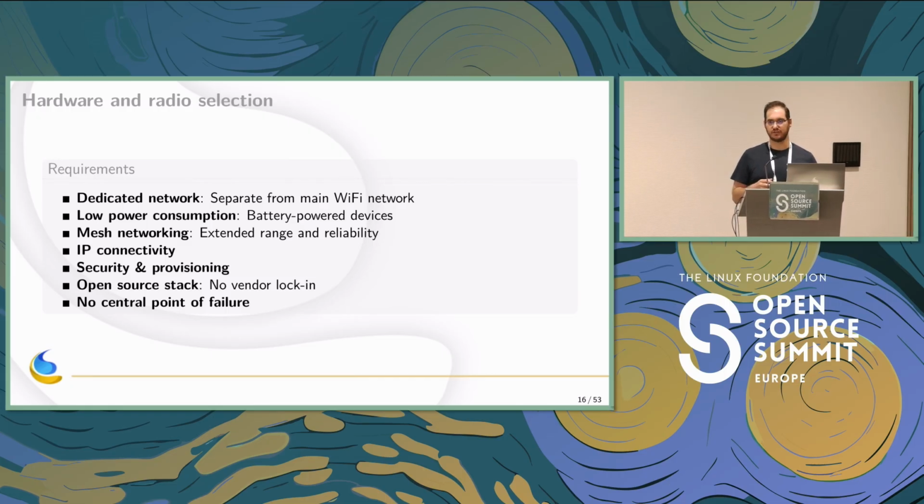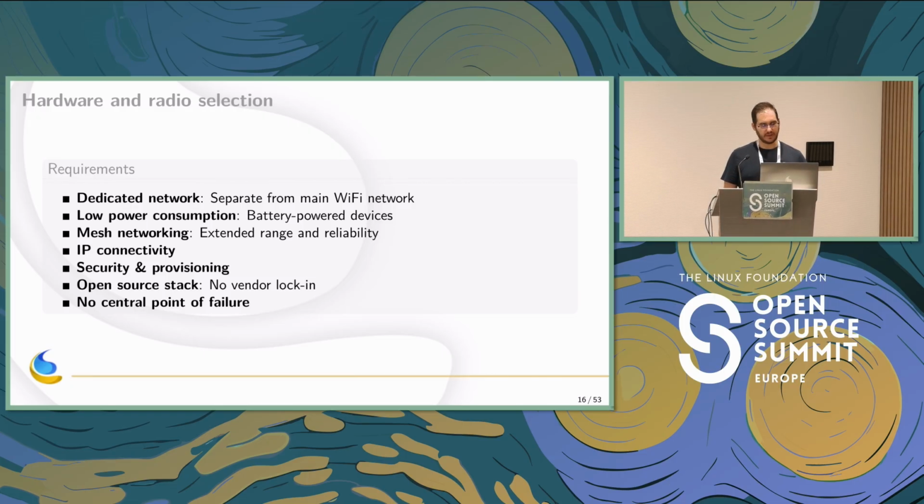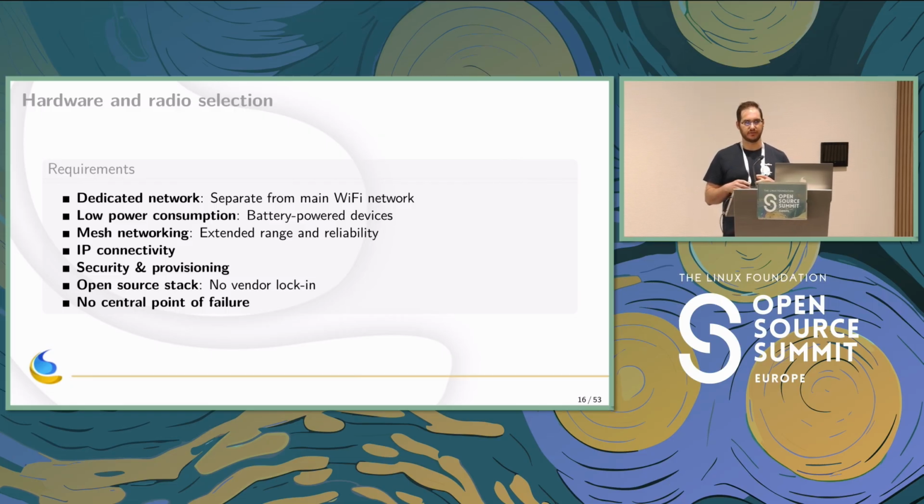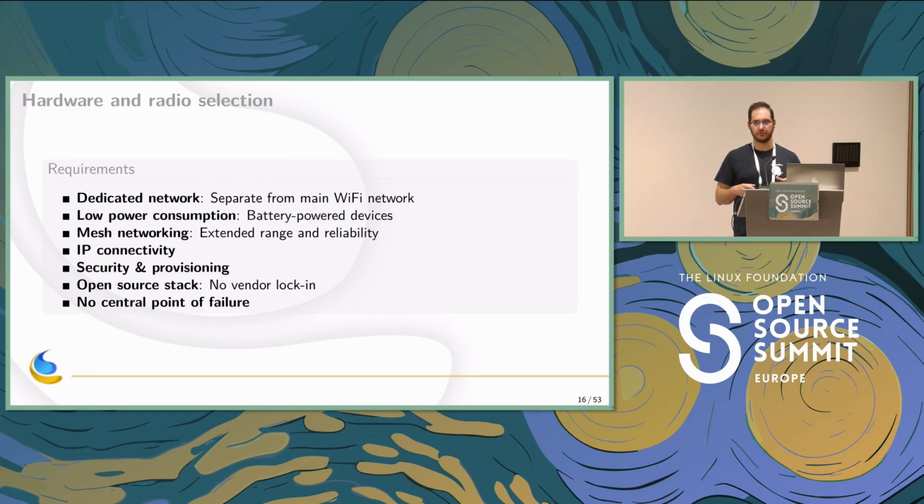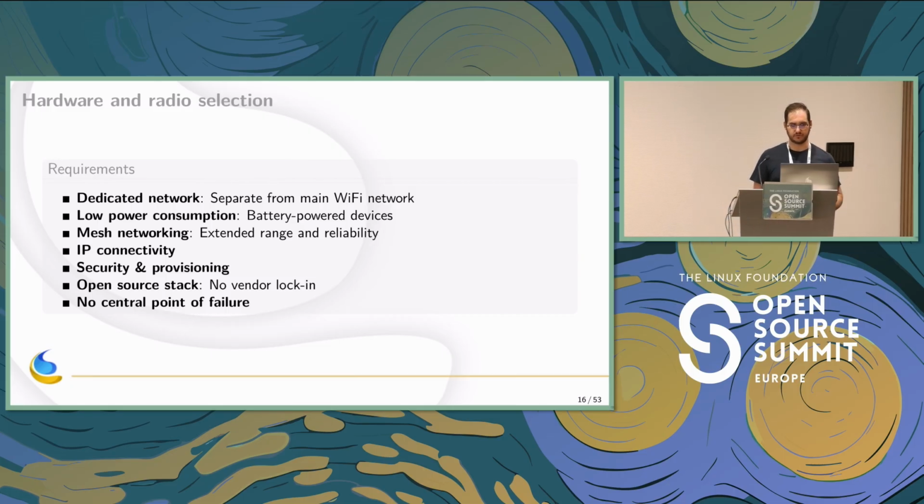So having mesh networking could help to improve the range without too much effort. Also, it could improve reliability because if a node is failing, the network is able to self-heal and use another node to relay the traffic.